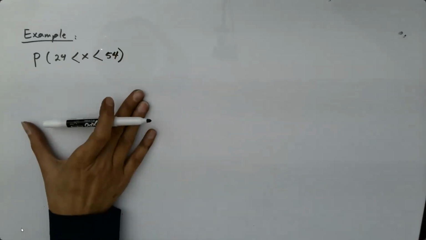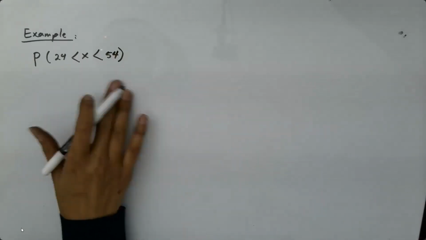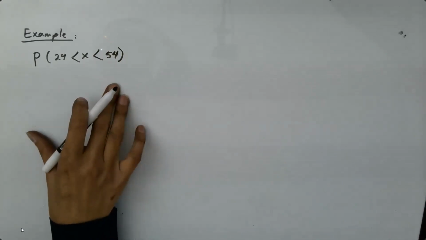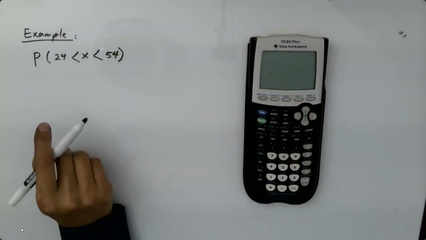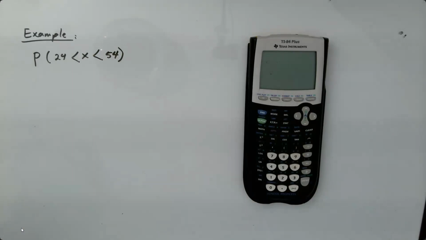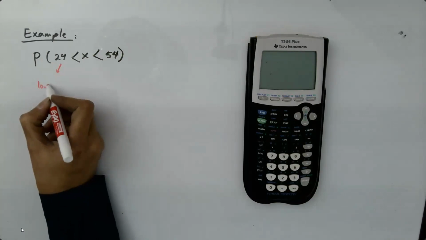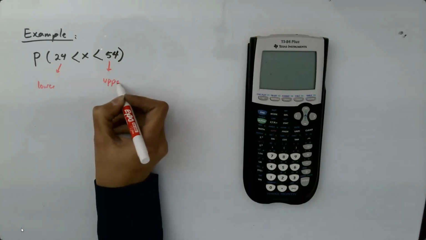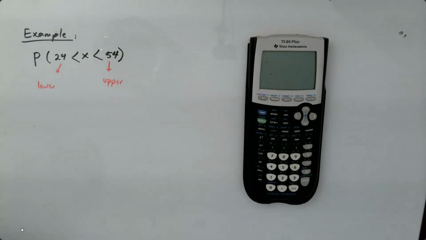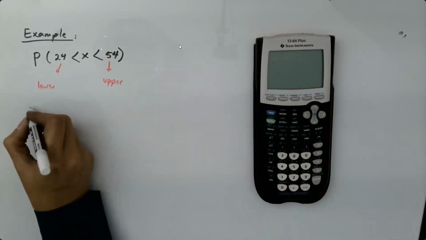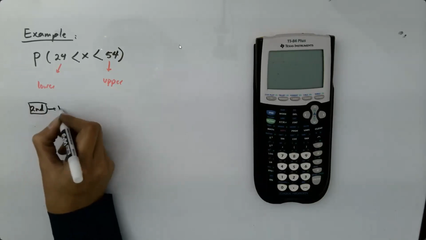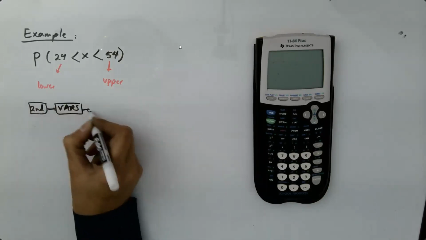Again, since it doesn't mention anything about confidentiality, just leave your X as it is and use your calculator using normal CDF for X. So remember that it's in between. It means that my lower limit and upper limit are already given to me. Lower limit, and I have my upper limit. Okay, so I need to use my calculator, second VARS, normal CDF.